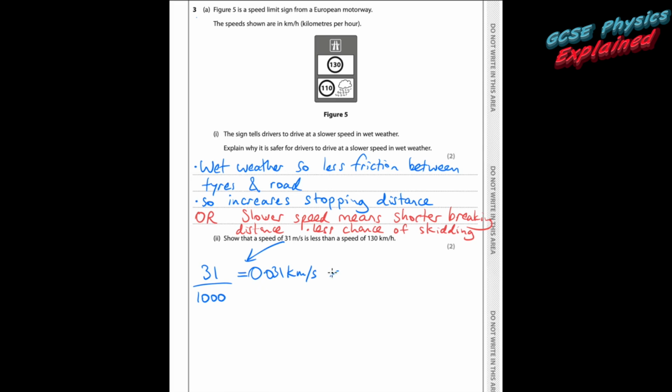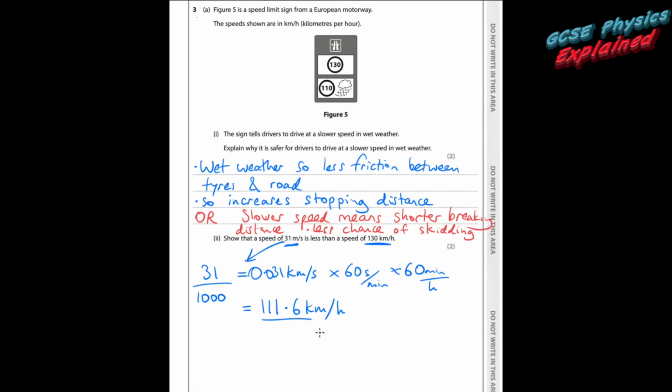So if we multiply that by 60 seconds per minute and then multiply it by 60 again, because there's 60 minutes in an hour, then that'll tell us how many kilometers per hour. So that's 111.6 kilometers per hour. So we've just proved that 31 meters per second is less than 130 kilometers an hour. It's only 111.6 kilometers per hour.